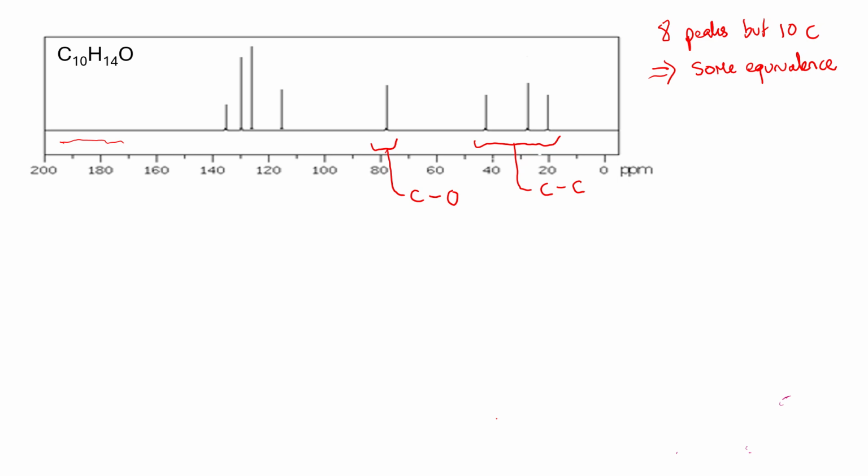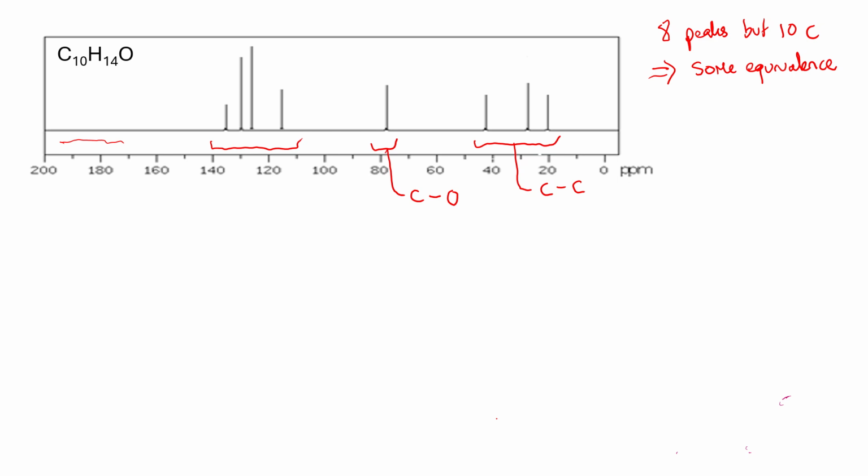Now here, these peaks, your datasheet will tell you, could either be alkene peaks or they could come from a benzene ring. And in principle, we should consider those to be equally likely possibilities based on the C13.